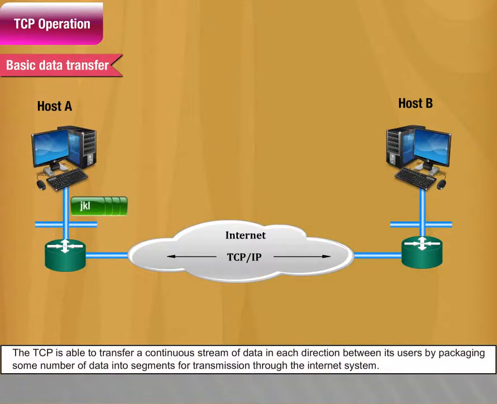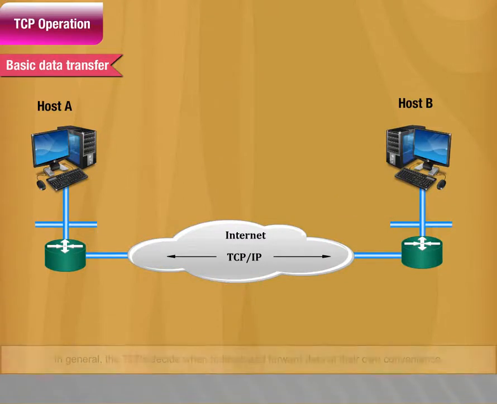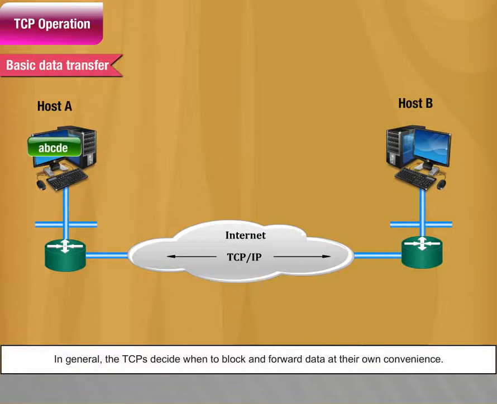TCP is able to transfer a continuous stream of data in each direction between its users by packaging some number of data into segments for transmission through the Internet system. In general, the TCPs decide when to block and forward data at their own convenience.